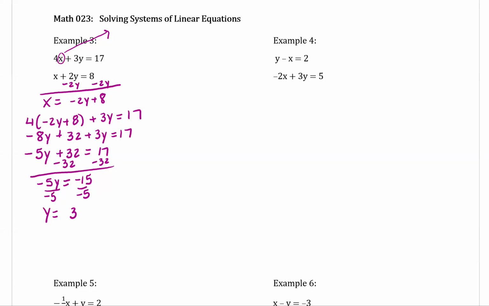I'm going to use the second equation. x is equal to 2. Write your answer as an ordered pair. x is 2, y is 3.